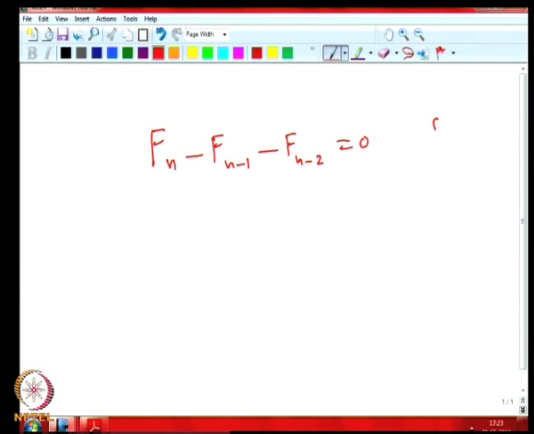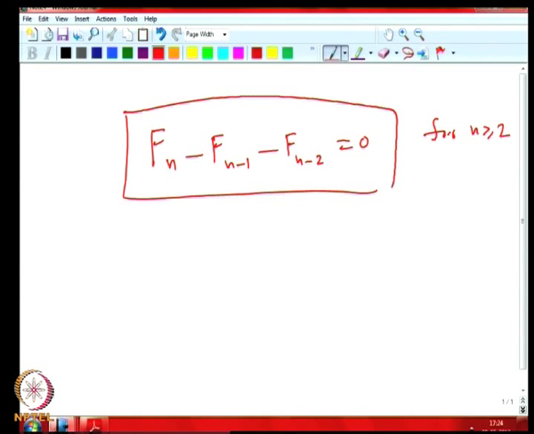This is true for n greater than or equal to 2, right. Because if you had taken n as 1, then we would have to worry about what is f_{n-2}, that will be f_{-1}, and that is not defined. So this is written only for n greater than or equal to 2, right.